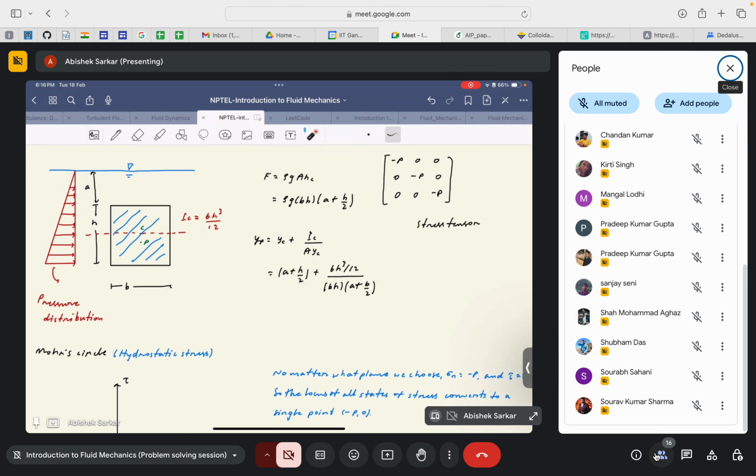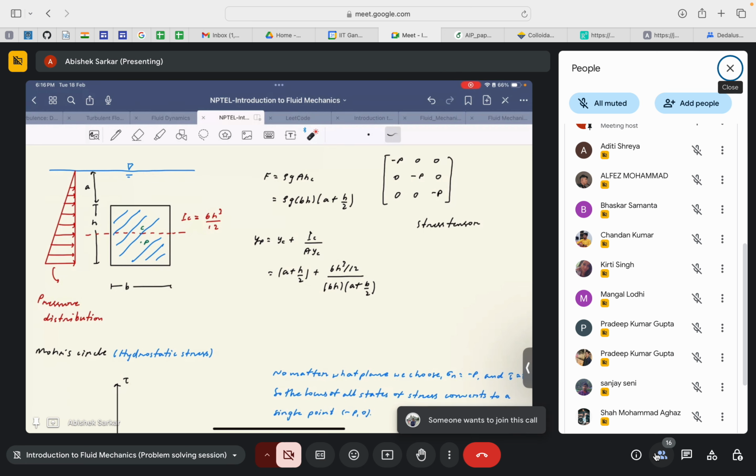Okay, if we are considering the vertical axis, then it would have been h b cube by 12. Then area is again bh, and yc, or the center of gravity, is at the location of a plus h by 2. Okay, so this is a generic expression. Again, once we put in some values, you will get an idea.